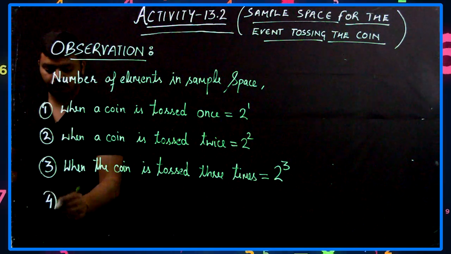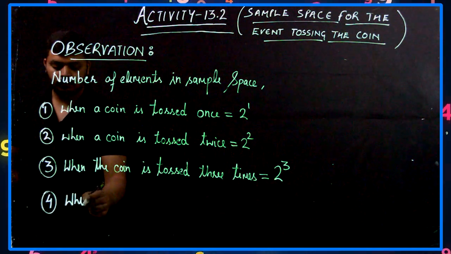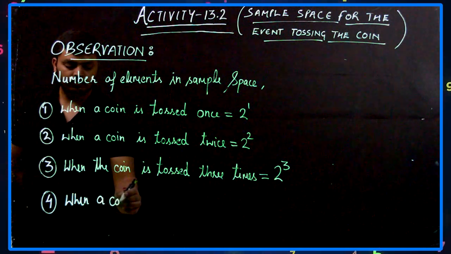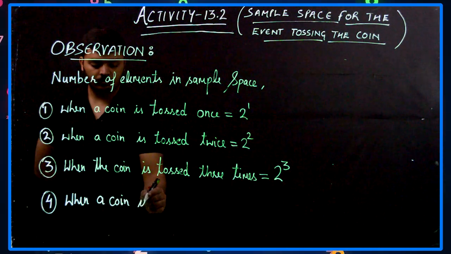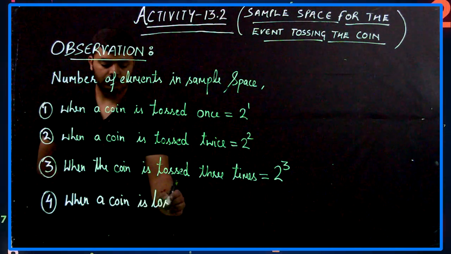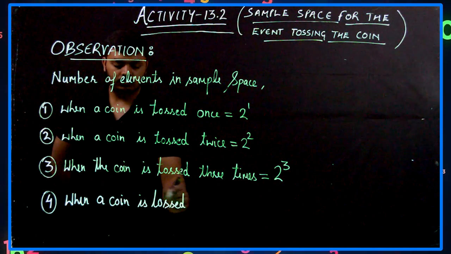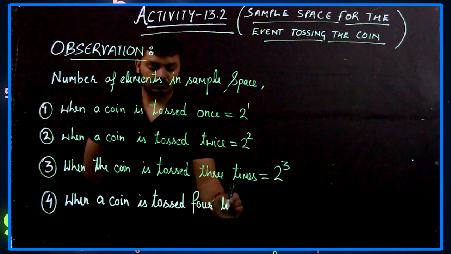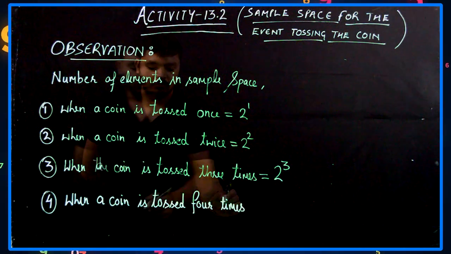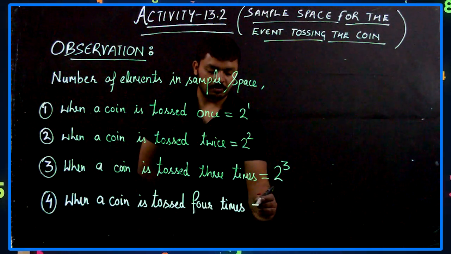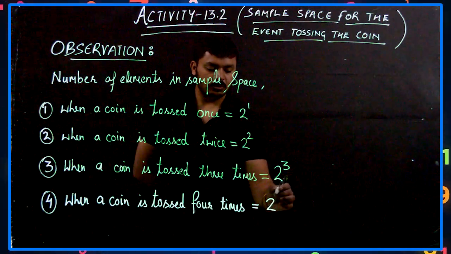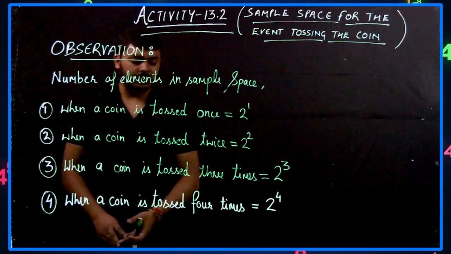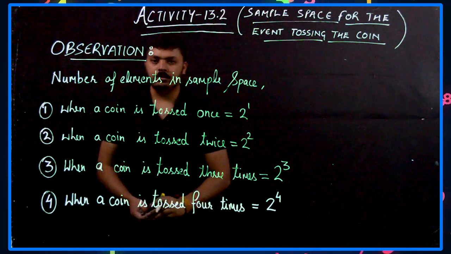Fourth, when a coin is tossed 4 times, then the number of elements in sample space is 2 to the power 4. As we will find out in our demonstration, it is 2 to the power 4 equals 16 elements.